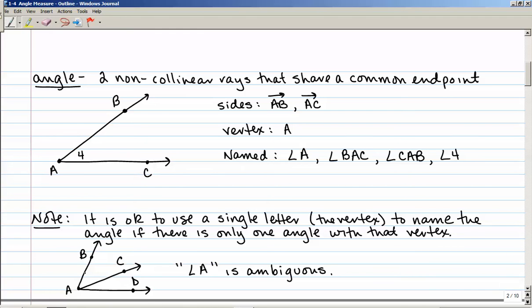So there's angle BAC, angle CAD, and angle BAD. So to call this angle A is ambiguous. I don't know which of the three angles you're talking about. If it's a simple diagram where there's only one angle, it's perfectly okay to call this angle A. But in this diagram, you'd have to use three letters.